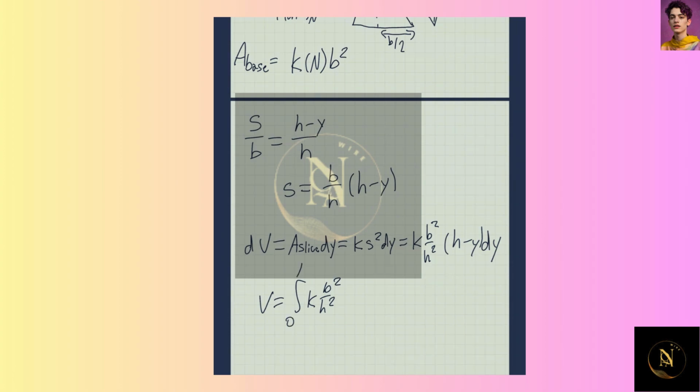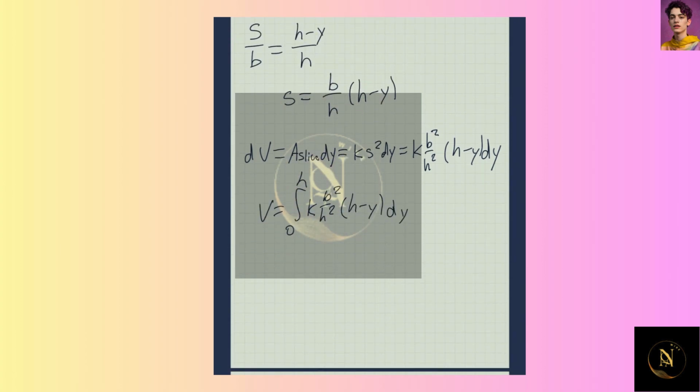Now we can solve for the volume. Taking the integral of dv we just found from 0 to the height of the pyramid, we get that the volume is equal to k b squared over h squared times negative 1/3 (h minus y) cubed from 0 to h.